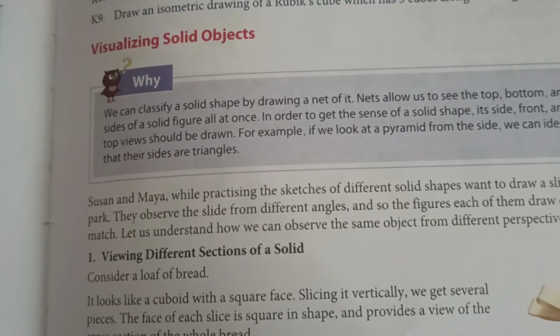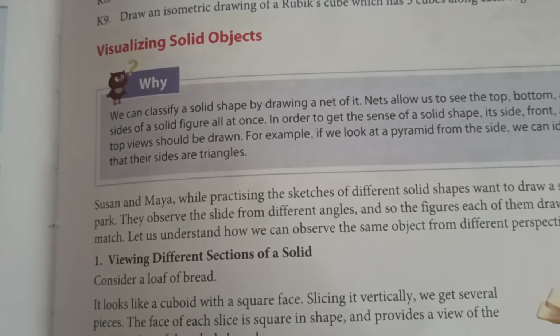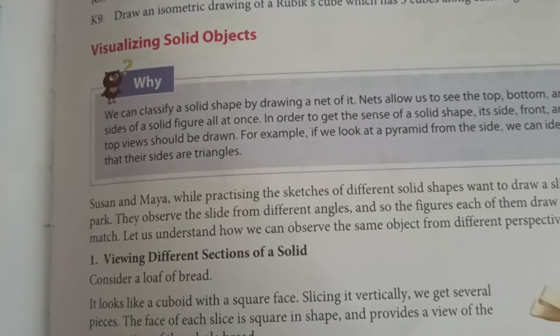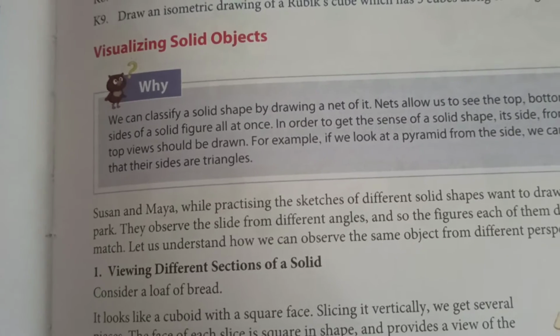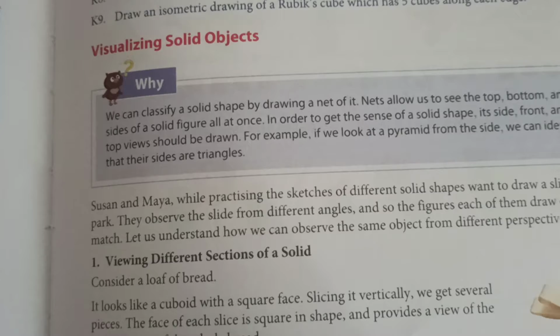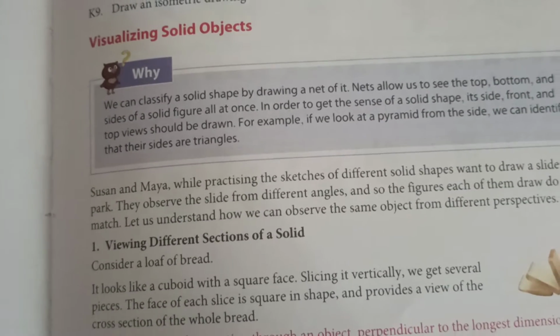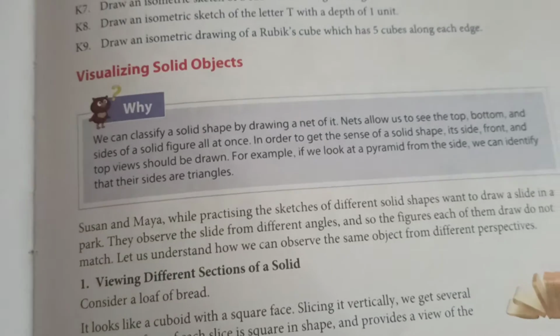Like we have drawn the net of cuboid, the net of prisms, and with the help of net we can easily see the top, bottom, and sides of the solid figure all together.